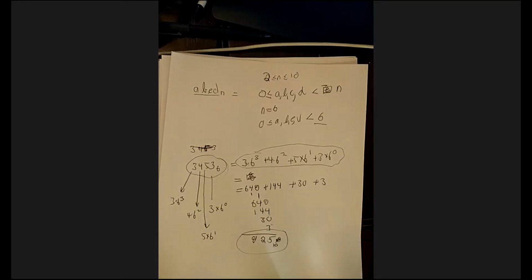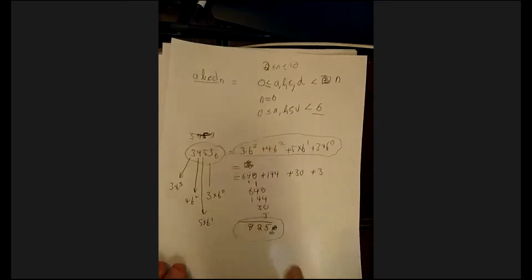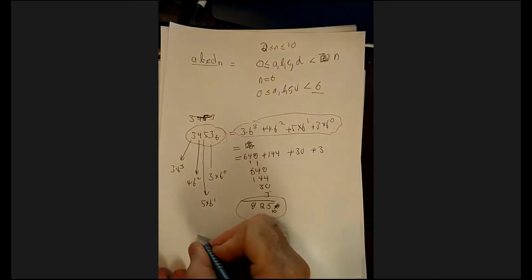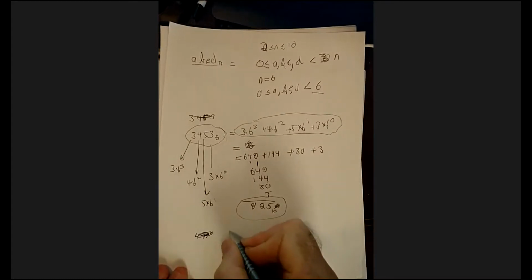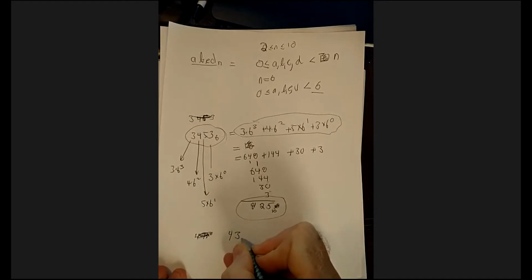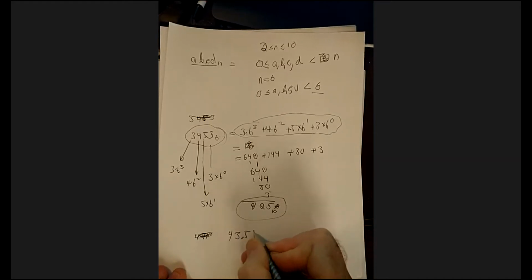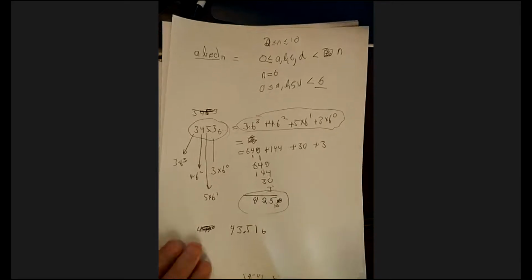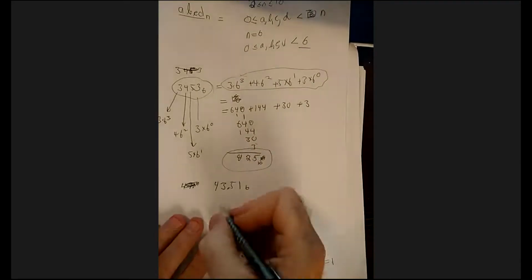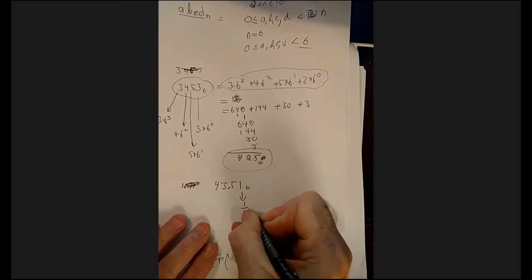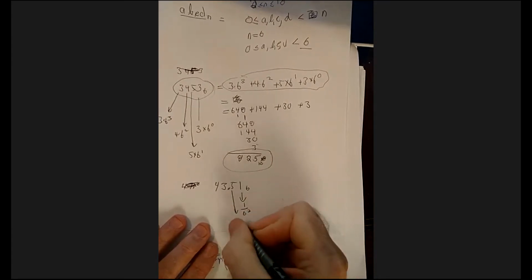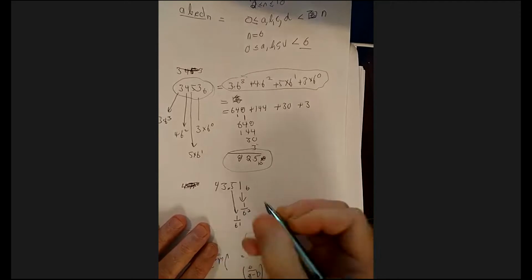And then if we have a decimal place, for example, I'll stick with base 6, and I'll just make up a number, 4, 3.51 base 6. Again, this would be 1 over 6 squared. This would be 1 over 6 to the first, or 1 over 6.